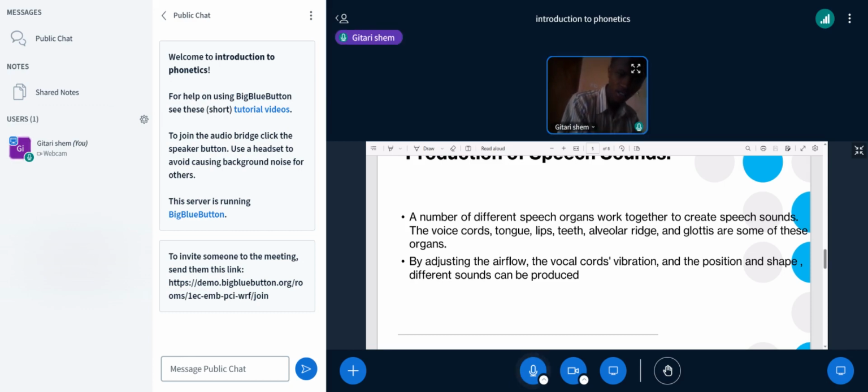By adjusting the airflow, this means constricting and changing how the air gets into the mouth and into the vocal cords, the vocal cords' vibration, the position and shape, different sounds can be produced.